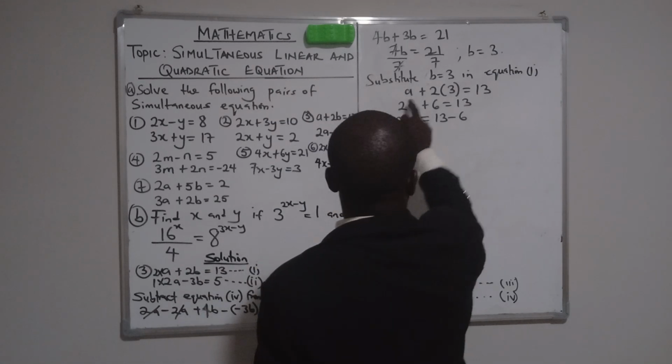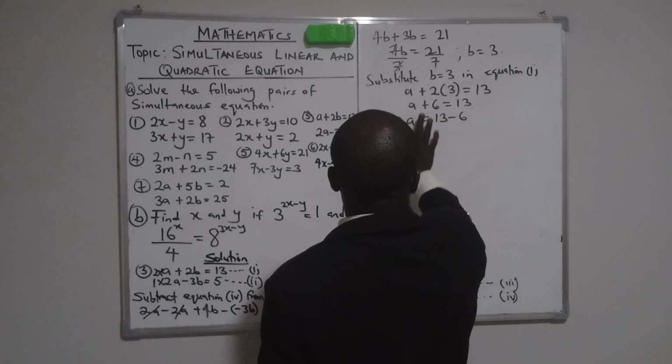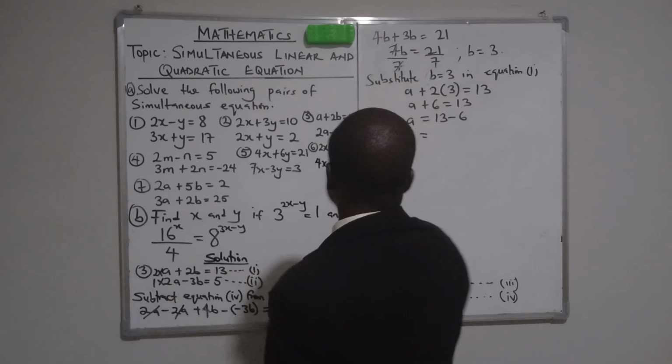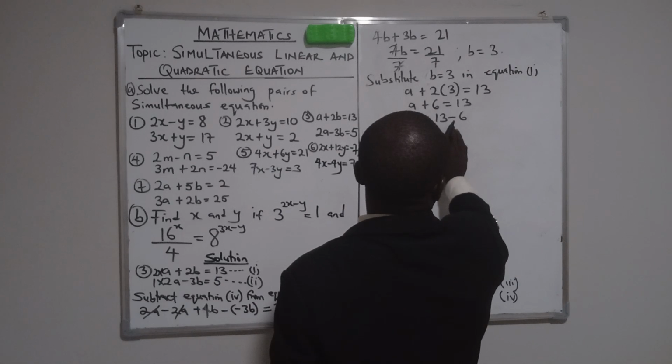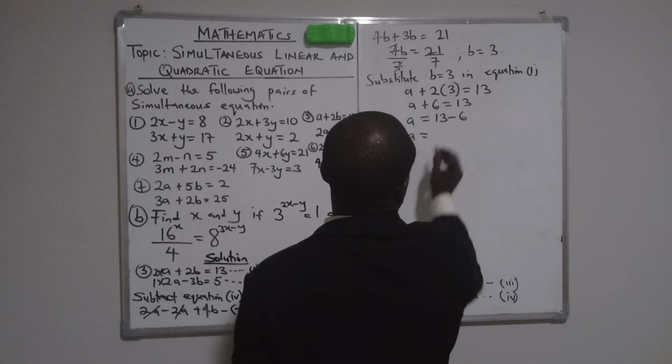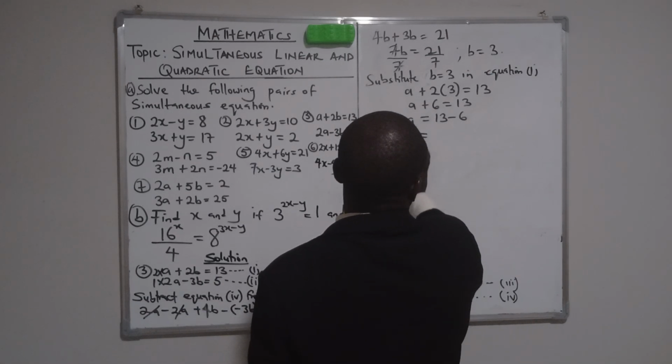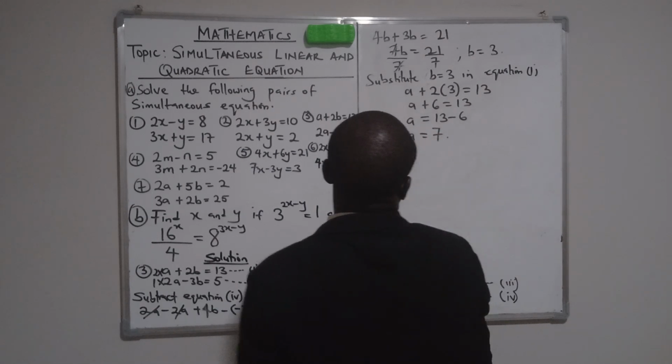There's no 2 there, equation 1 does not have a 2 on a. That's 13 minus 6, which is 7, so a is 7.